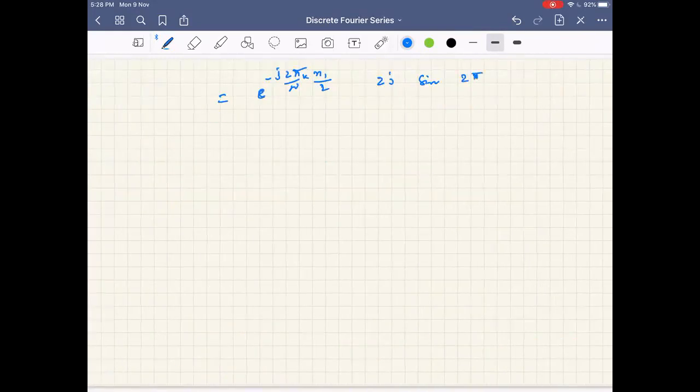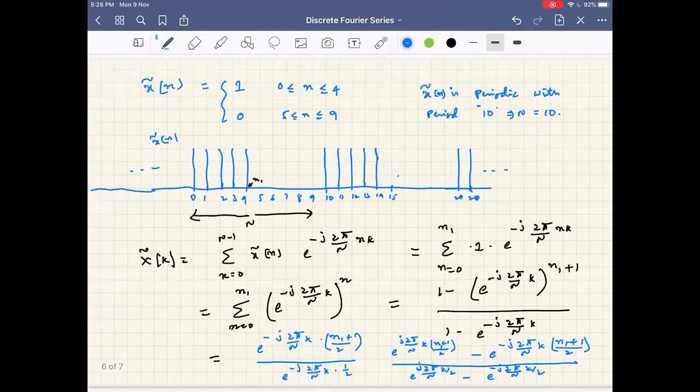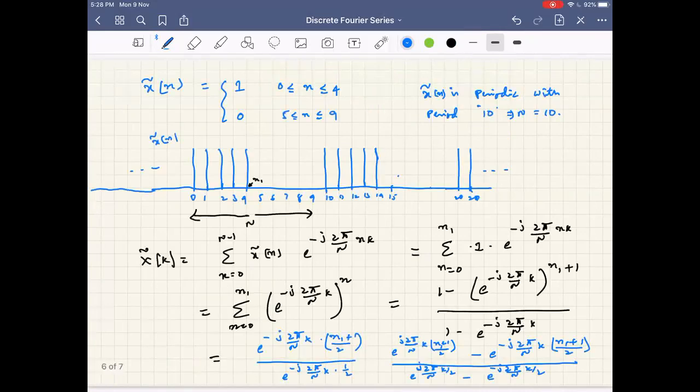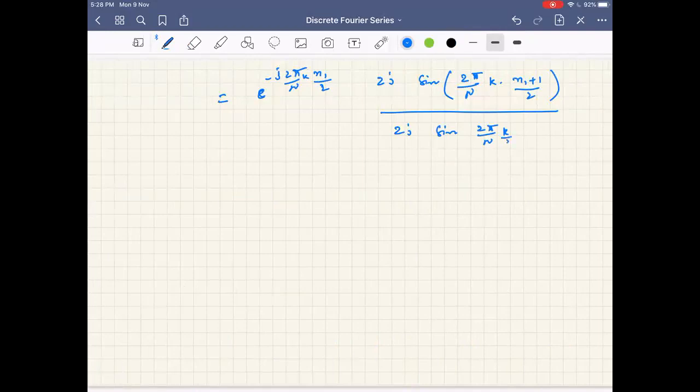So the numerator is sine of 2 pi by N into k into n1 plus 1 by 2, right? That's the numerator term. And the denominator term is 2j into sine of 2 pi by N into k by 2. Right? This is the denominator term.